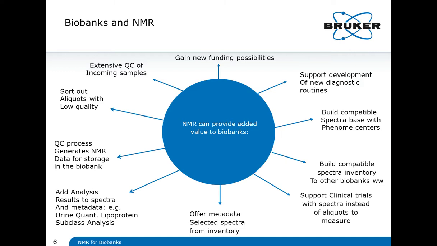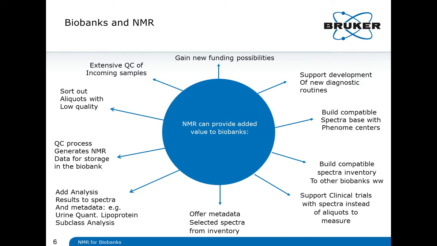And of course, these data are under complete standardization. So if more than one biobank does this, then all these data are comparable. That means we can also, as you have seen mentioned, add the analysis of, for example, the lipoprotein profiling. We can add the analysis of urine quantification. All of this can go into the biobank together with the metadata.